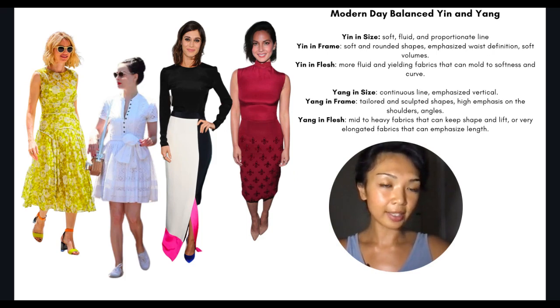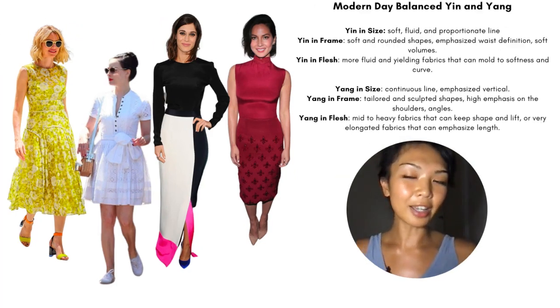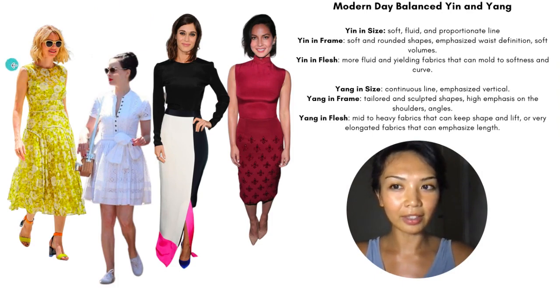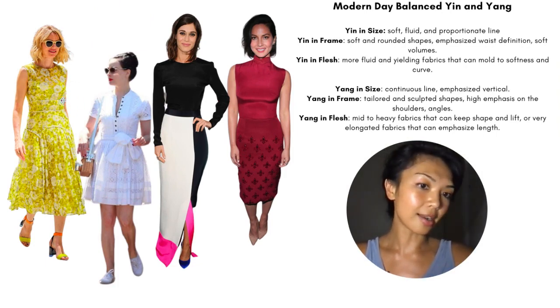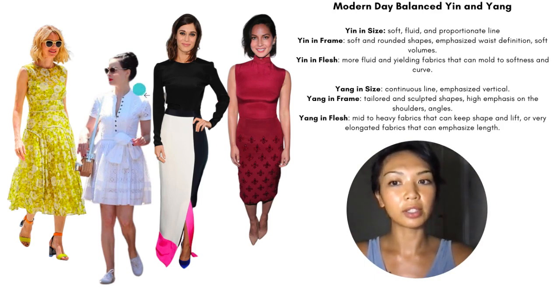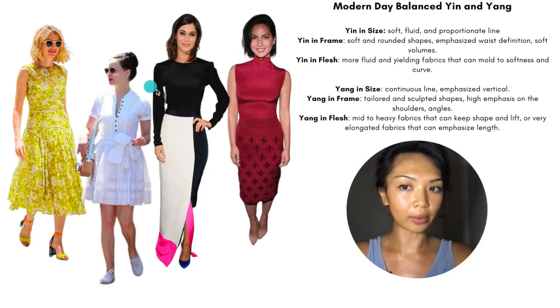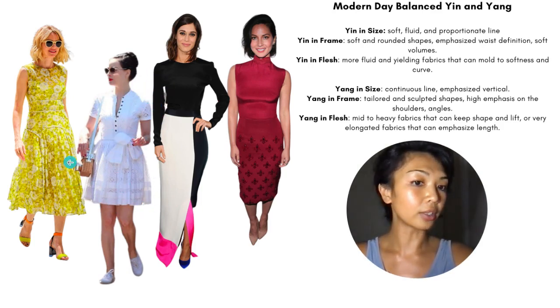For some modern examples of classics, we have Naomi Watts in this lovely round neck dress, soft, gentle shape and flare, a little bit of horizontal emphasis there. The florals are not overly intricate. We have Dita Von Teese, nice symmetrical top part, crisp, well-formed but rounded sleeves, nice controlled flare, nothing overly clingy.